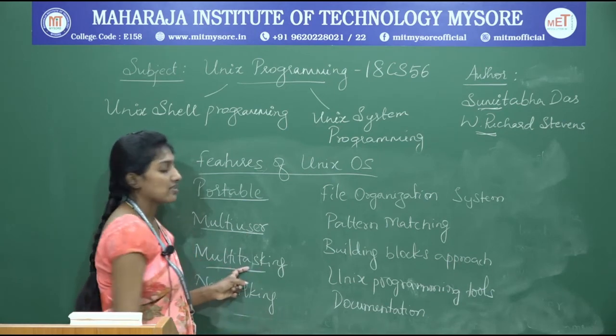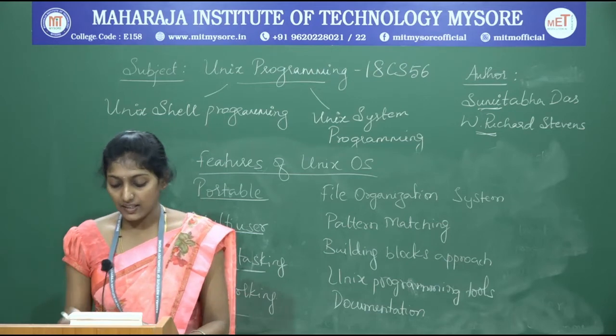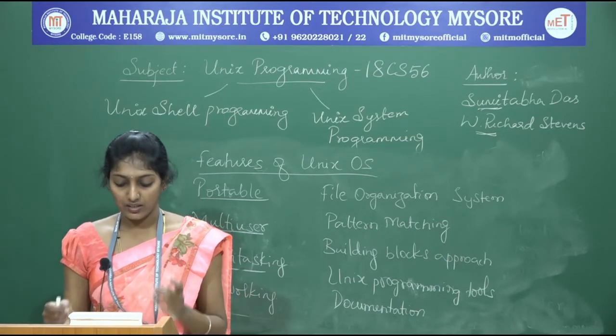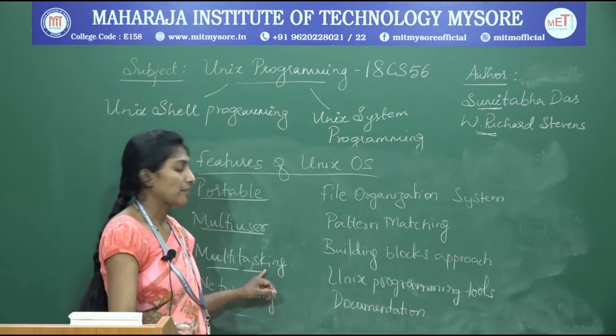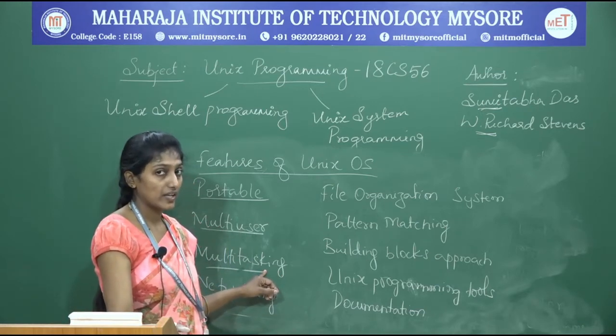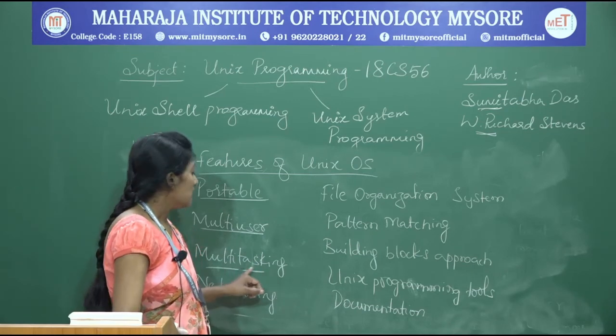Next is multitasking. Multitasking refers to a user being allowed to run more than one program at a time, concurrently. A single user can execute more than one program in a system.